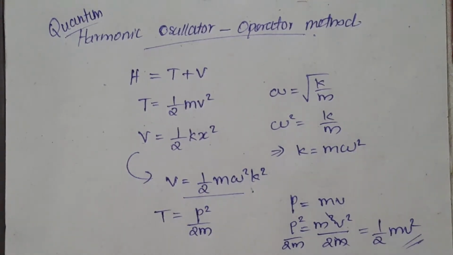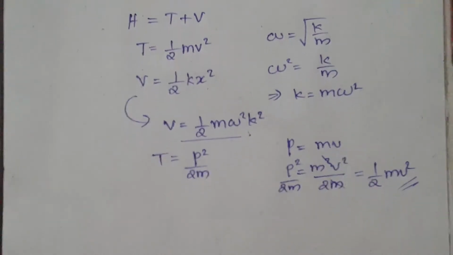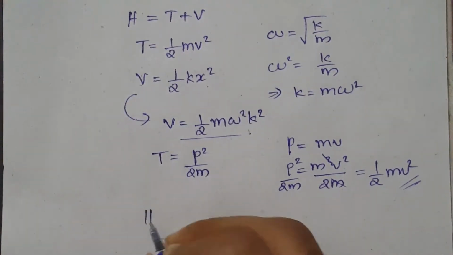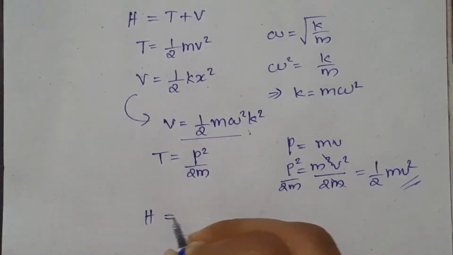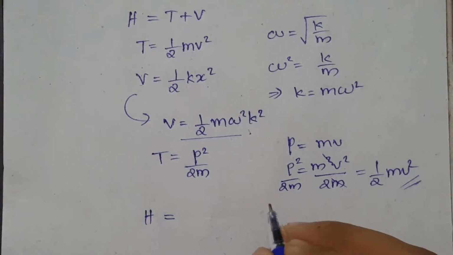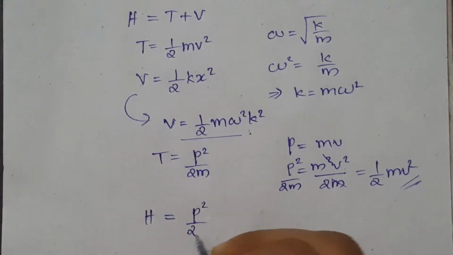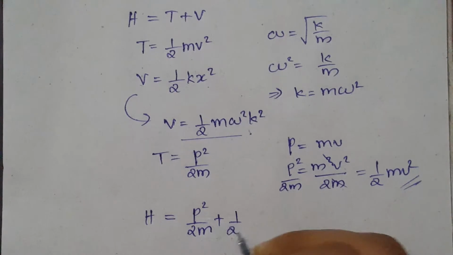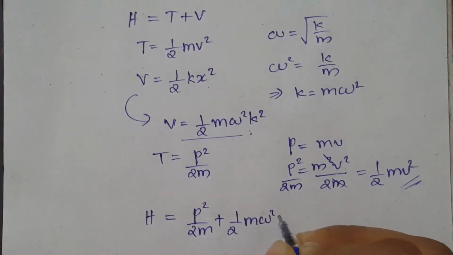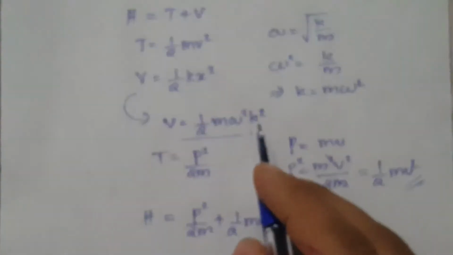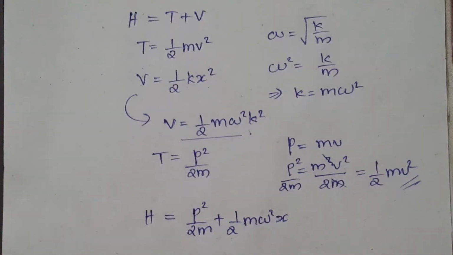Okay, now how can we write the Hamiltonian now? Now Hamiltonian becomes H is equal to T plus V, p square by 2m plus half m omega square x square. Sorry, I have made a mistake here.